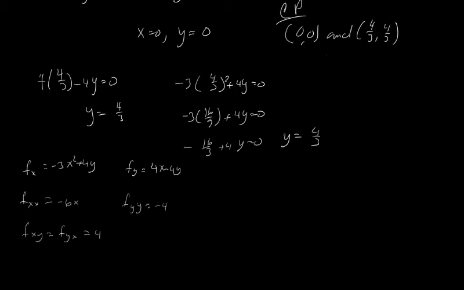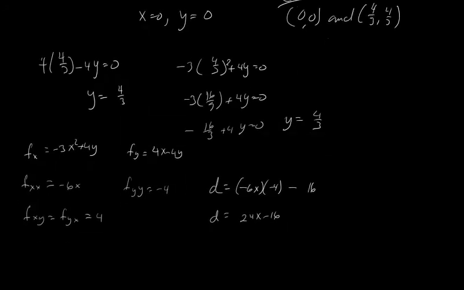So then d is going to be equal to f_xx times f_yy, so that's negative 6x times negative 4, minus f_xy squared, so that's 16. That's going to be 24x minus 16, that's d.